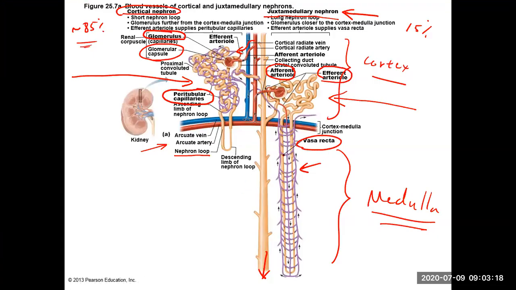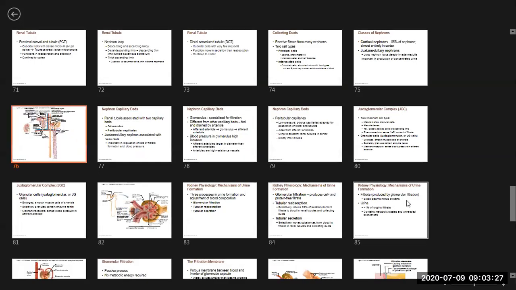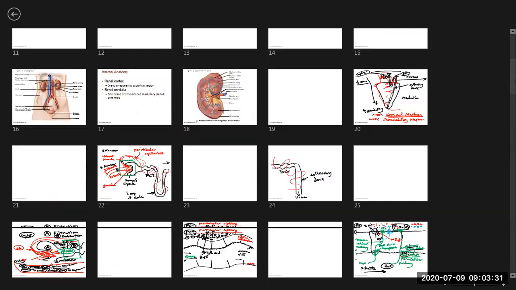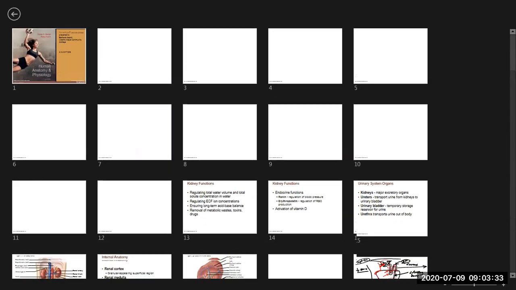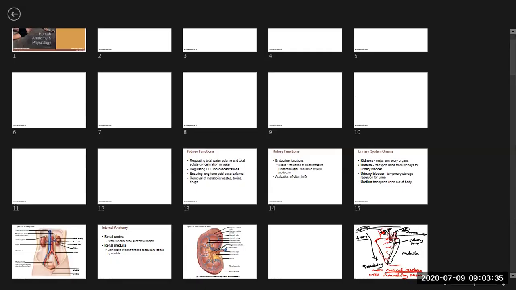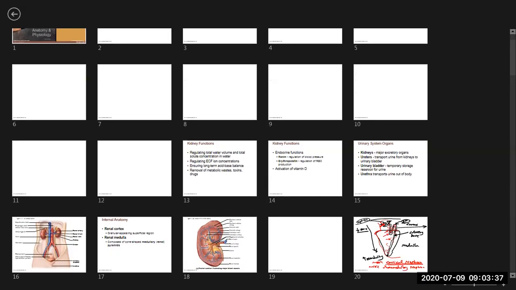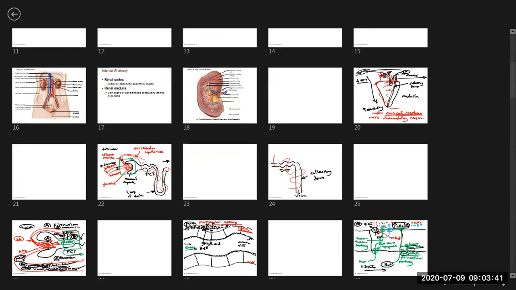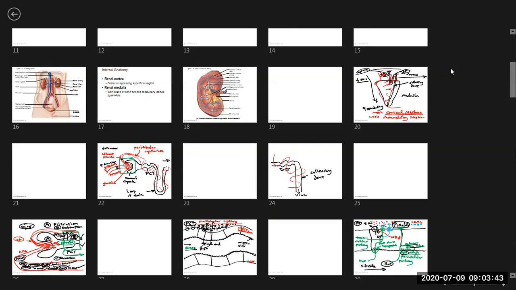So what we're going to be doing is diving inside of a nephron, and we're going to see what is happening. If we understand what happens in one nephron, maybe we'll have a better picture of what's going on. Let me give you an idea about the nephron and the different parts of it, and then we'll break it down.